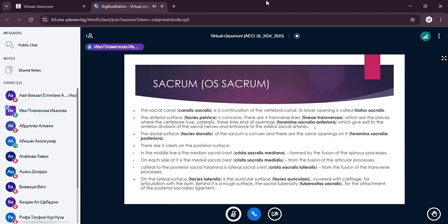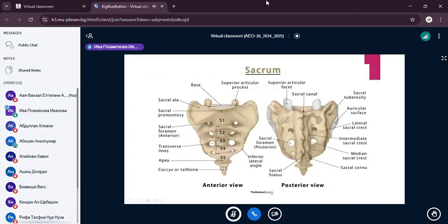That's for the last semester, not now. I just tell you some additional information. On the dorsal surface, we have the same 4 openings, but they are called foramina sacralia posteriora, or posterior sacral foramina.